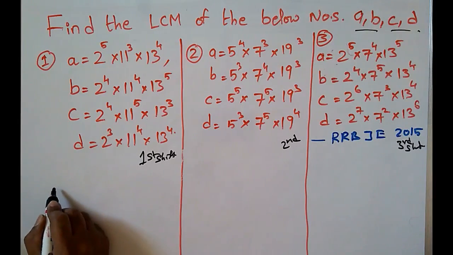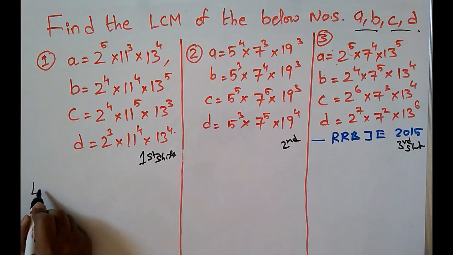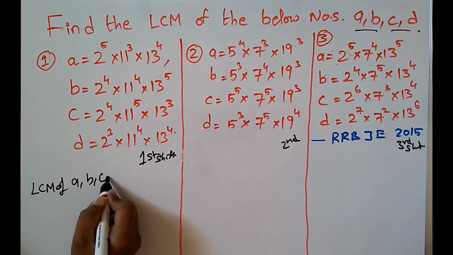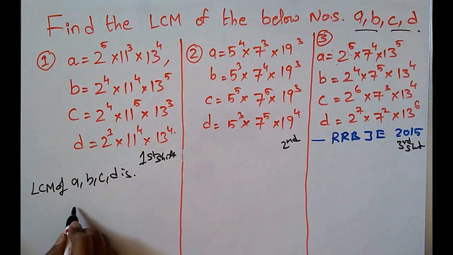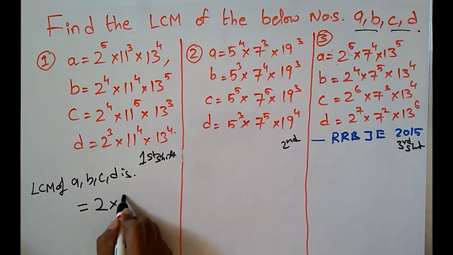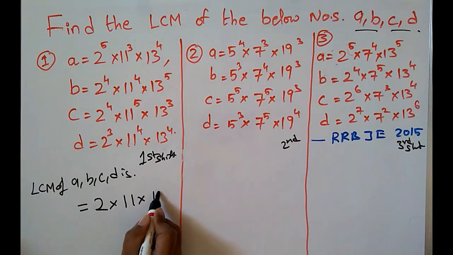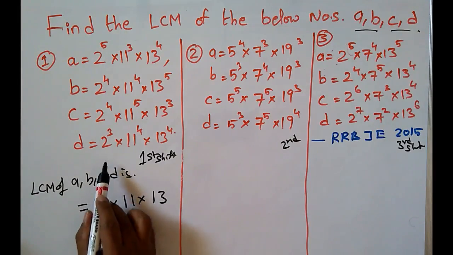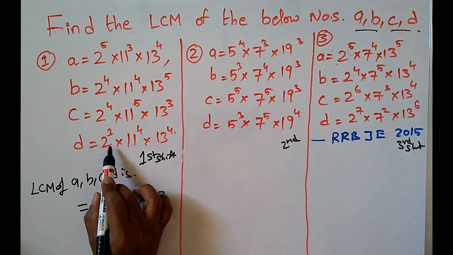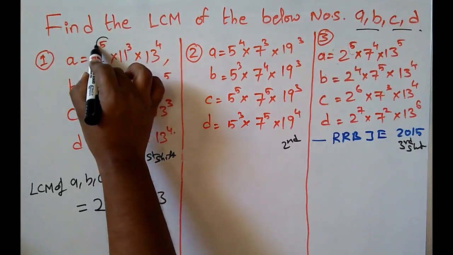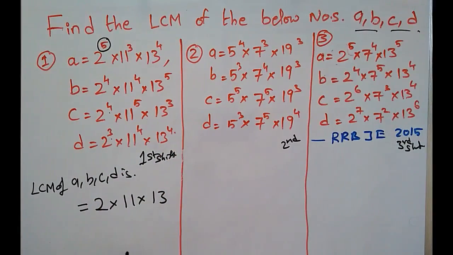The LCM of A comma B comma C comma D is given by 2 into 11 into 13, but for the power of 2, we have to take the maximum, which is 3, 4, 4, 5, so 5 is the maximum, friends. 2 power 5.